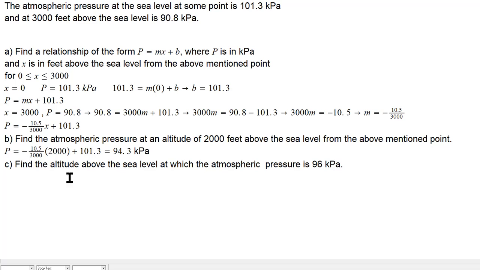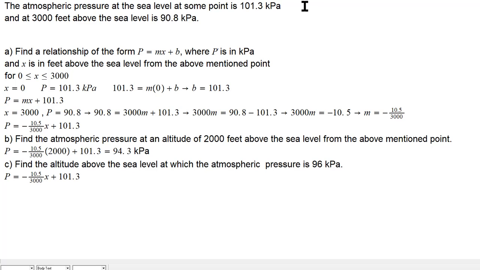Now it's asking for this. It gives you the pressure as 96 kilopascals and wants you to calculate the value of x. That is what the altitude is. Okay, so this will be a similar kind of question.